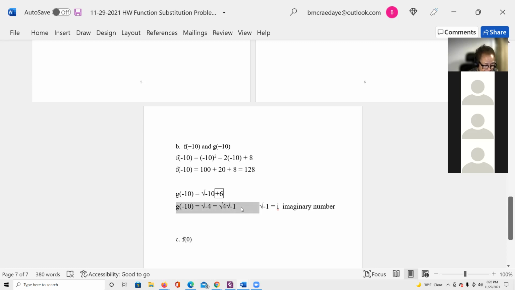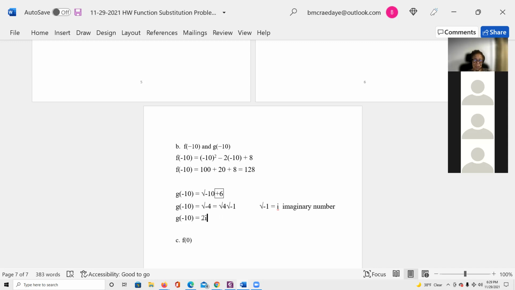G of -10 is equal to the square root of 4, which is 2, times the square root of -1, which is imaginary. So that's 2i. That would be your answer.